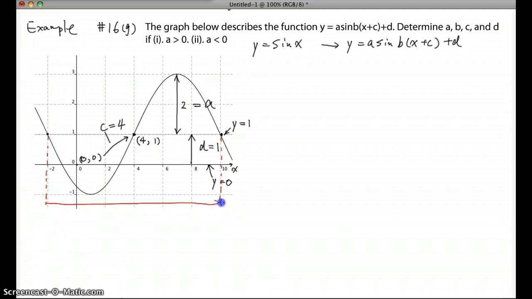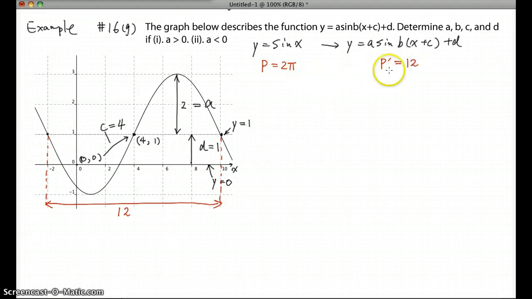If you count this, from -2 to +2 10, so you should get right away this is 12. So basically the original period P equals 2 pi. Now the new period, I put P prime, equals 12.